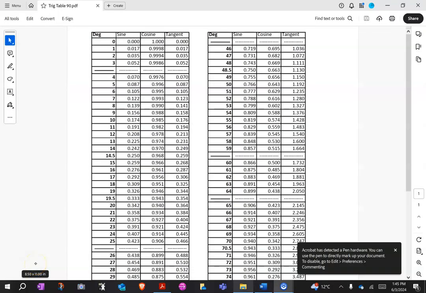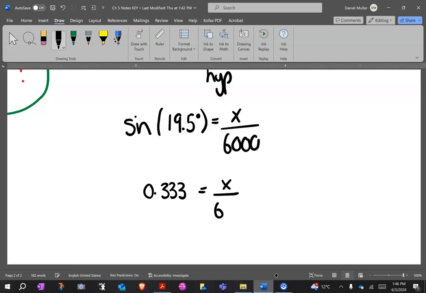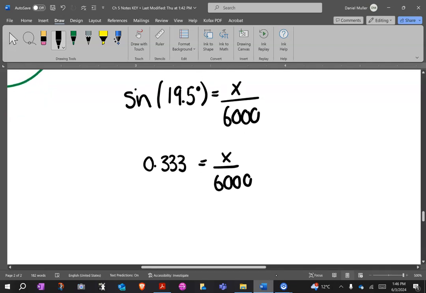So we see it here, sine of 19.5 is 0.3333, which is a third. Really this would go on forever, but we can say approximately that this is the same thing as a third.